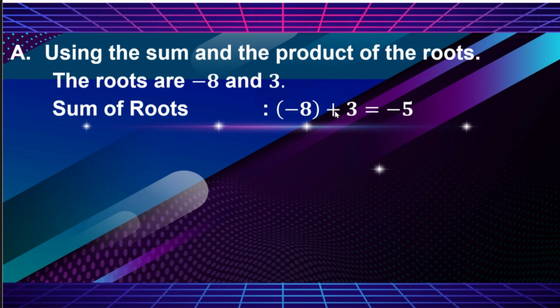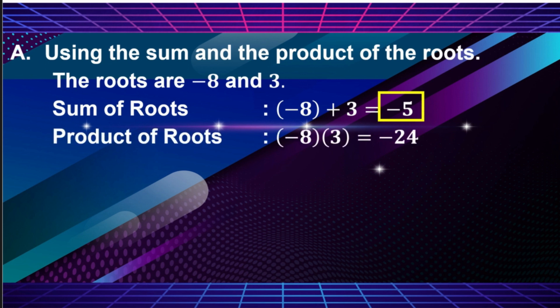Sa Bisaya pa, kung dili pareha og sign, then we are going to subtract. 8 minus 3 is 5. And we are going to copy the sign of the bigger number, and the bigger number is 8, and its sign is negative. Therefore, the sum of roots is -5.